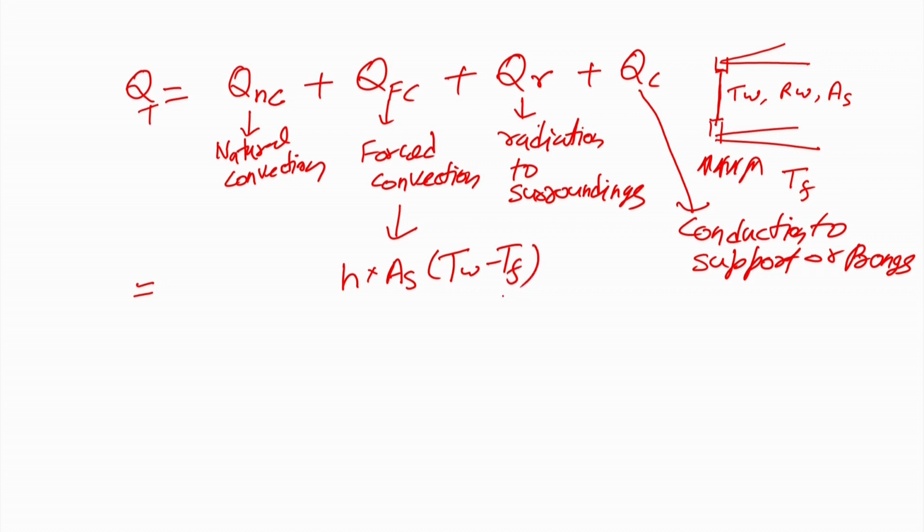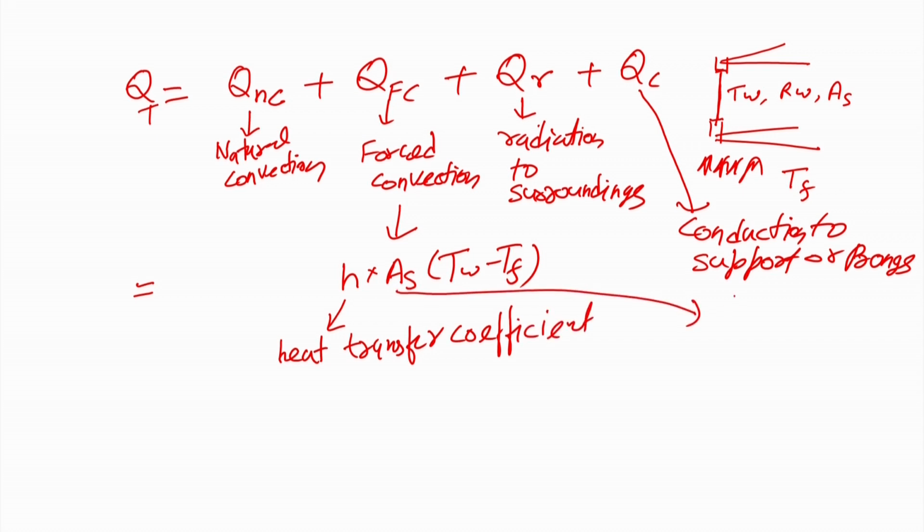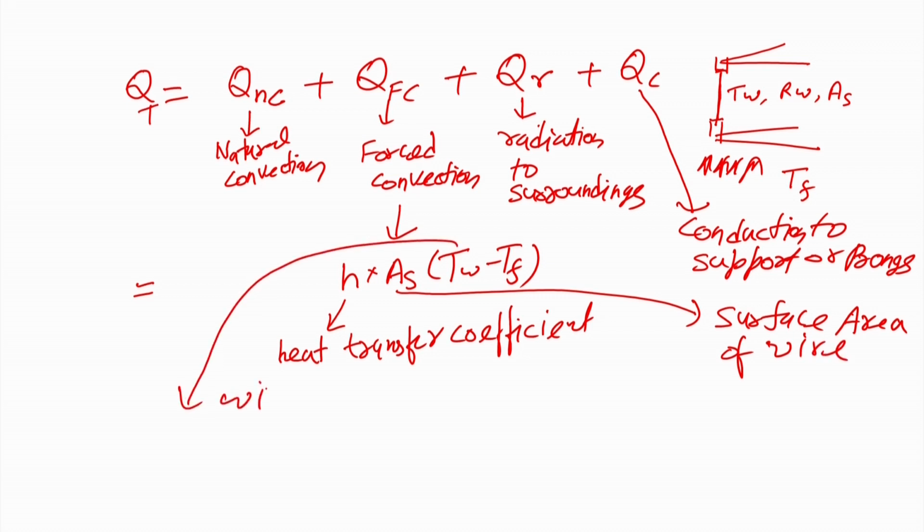That is the convection term, where h is the heat transfer coefficient, As is the surface area of the wire, Tw is the wire temperature, and Tf is the fluid temperature.